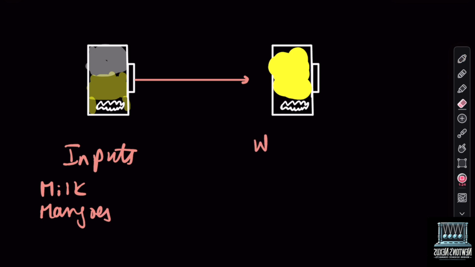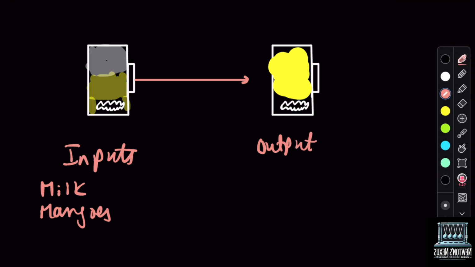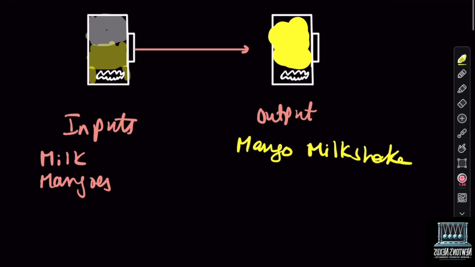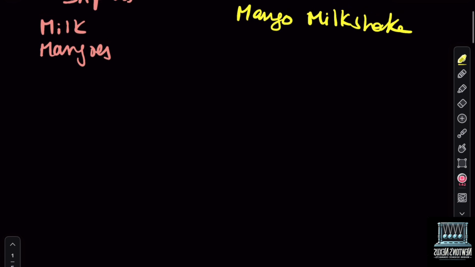My output is simply mango milkshake, right? So I can say this machine converted my mangoes and my milk to mango milkshake. In other words, I can say that this machine performed a function.